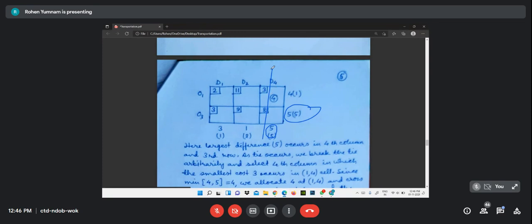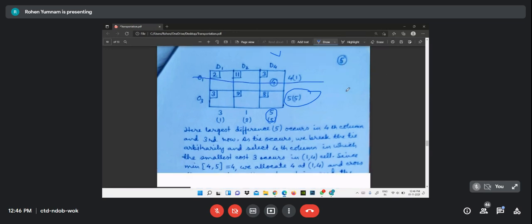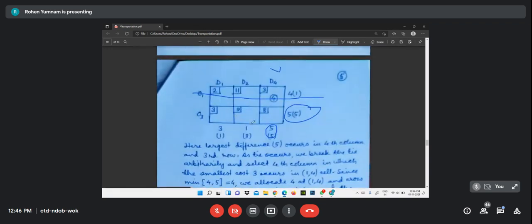While allocating the 4, this row is removed. If you allocate 3 here, this column is to be removed. And this will be the shorter way. Not this one. It is this. Okay. And then now the remaining 5 is to be distributed among these.